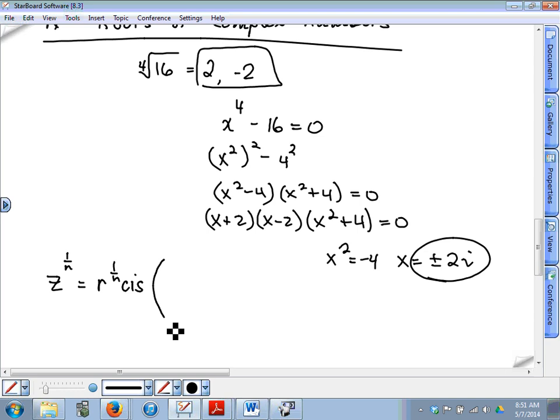CIS, and put a big giant parenthesis there. And then it's theta plus 360k divided by n, where k is equal to 0, 1, 2, 3.